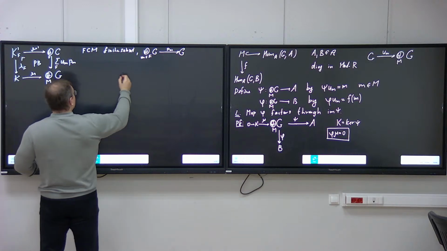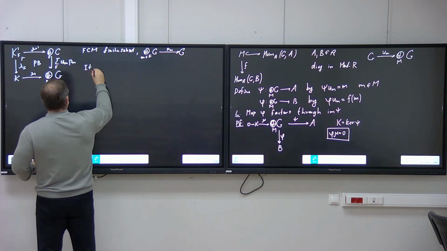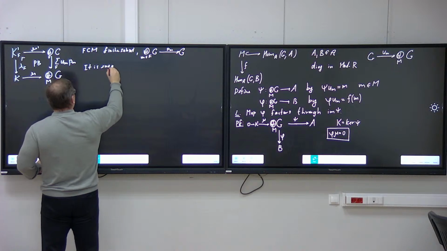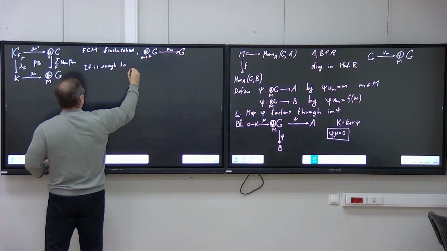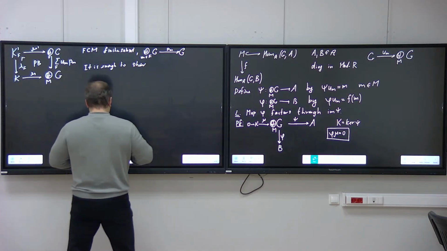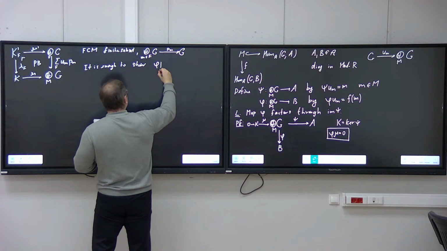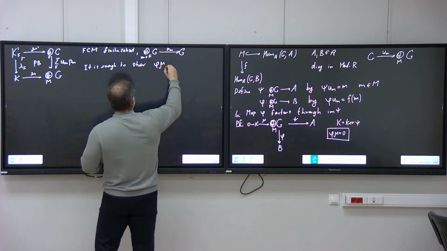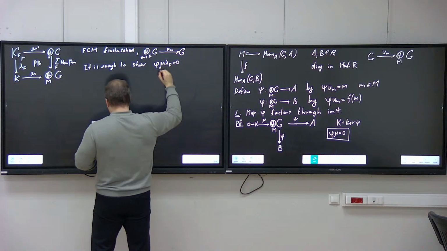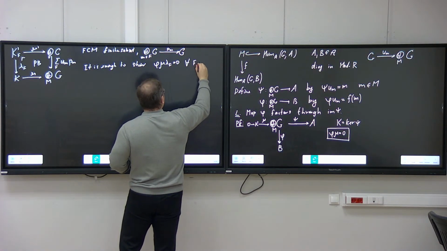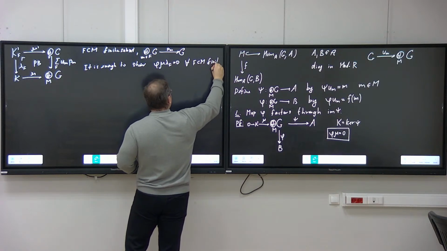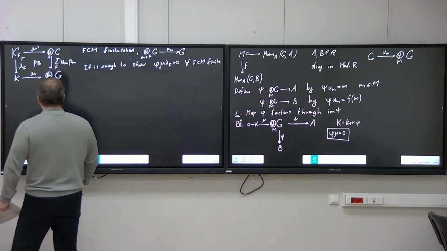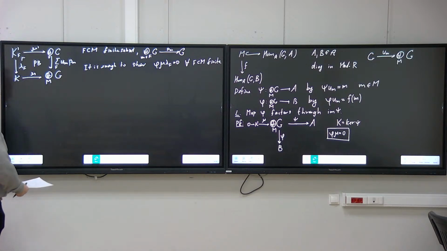First of all, I want to say that it is enough to show that the composition of the phi and mu, and I also take composition now with lambda F, is 0 for any finite F in the M. Sorry, I need to show that this claim is correct. So suppose I know that I have this for any finite F, and then I need to show that this composition of the phi and mu is equal to 0.